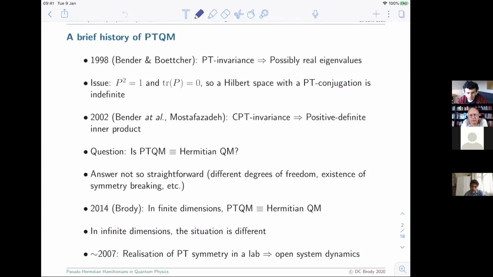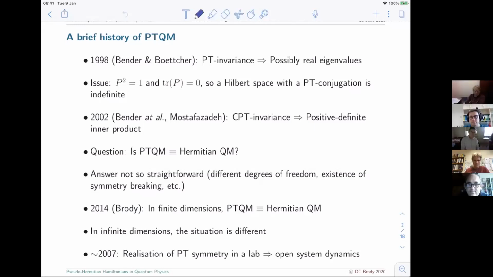So you can restore the probability interpretation of quantum mechanics. So this gave a way forward, and in particular, the product CP is a Hermitian and positive operator. So the operator CP can be viewed as defining a metric in this Hilbert space. And in particular, the square root of CP can be used to transform between a Hermitian operator and a PT-symmetric operator, and you can go back and forth.